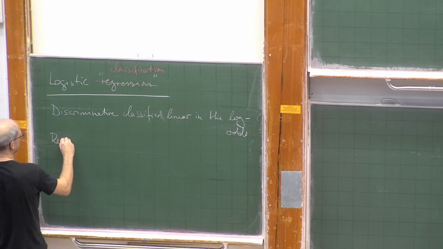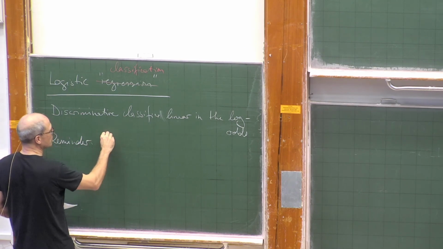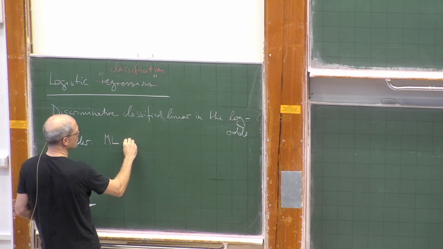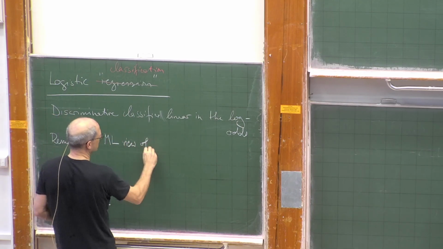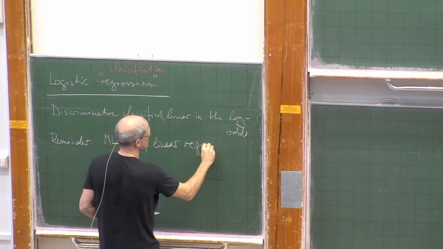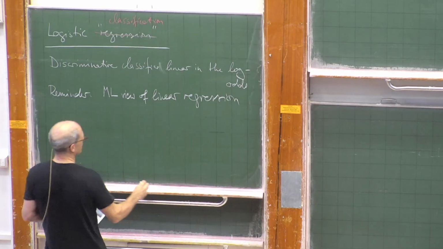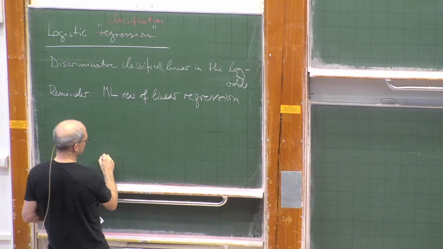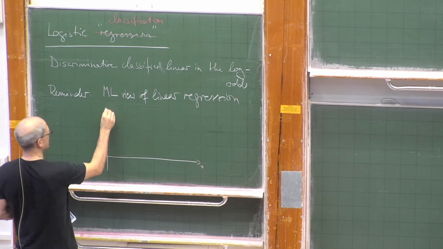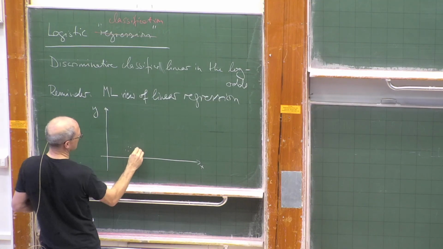reminder of what we did in linear regression, or at least what was the maximum likelihood view of linear regression. In linear regression we were assuming that we have some feature x, we have some response y, and then we have observations.